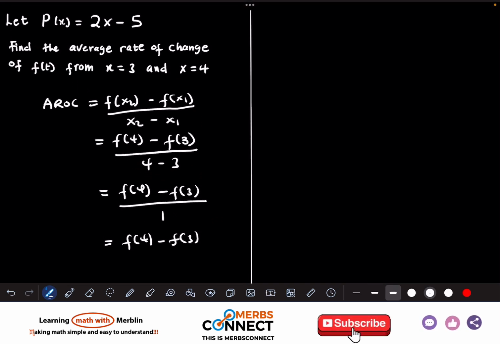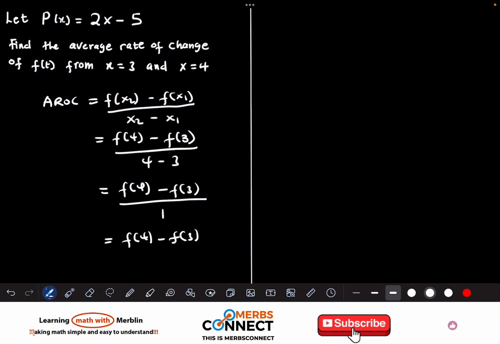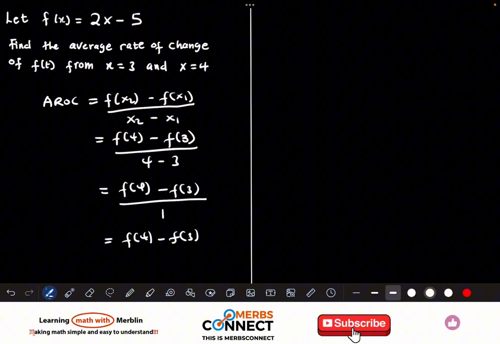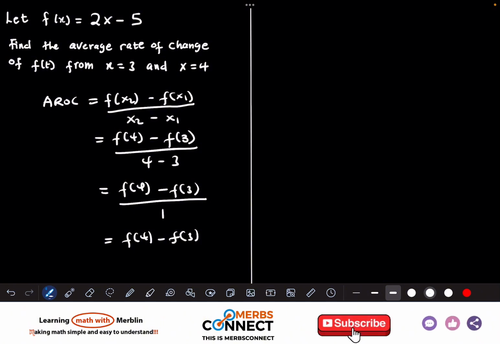So let's go and look for f of 4 and f of 3. Now we can see that the function given to us is in terms of x. Okay, so we have f of x equal to 2x minus 5. The trick is to put all the x in parentheses.